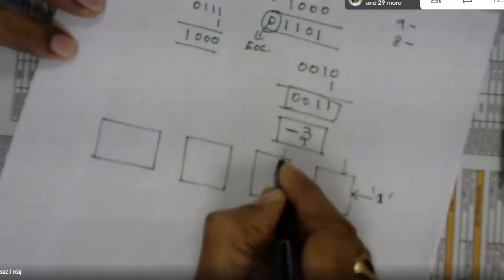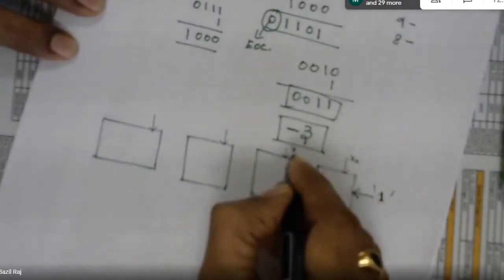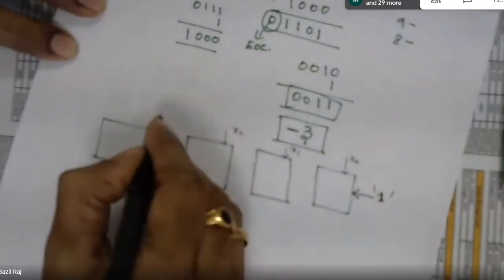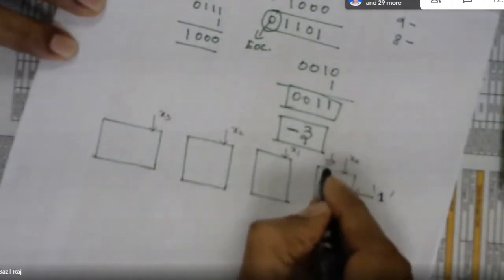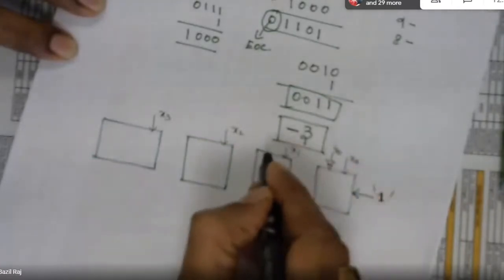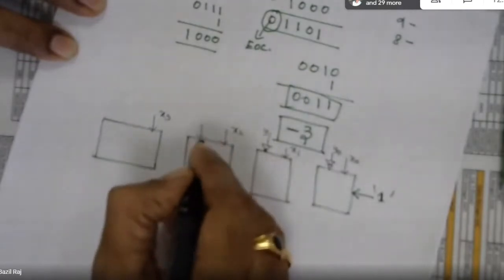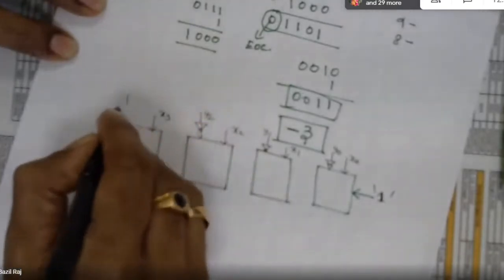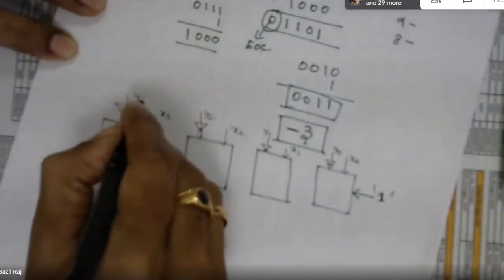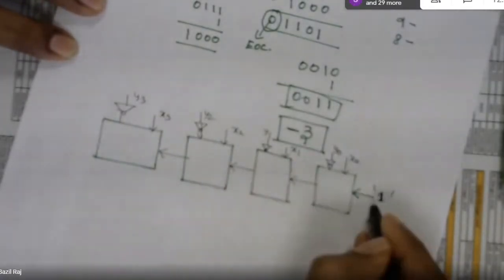1 here, then X0 will directly come, X1 will directly come. This is X0, this is X1, this is X2, this is X3, and Y0 will come through an inverter. This is Y0, NOT gate. This is Y1, this is Y2, this is Y3. This is C1.